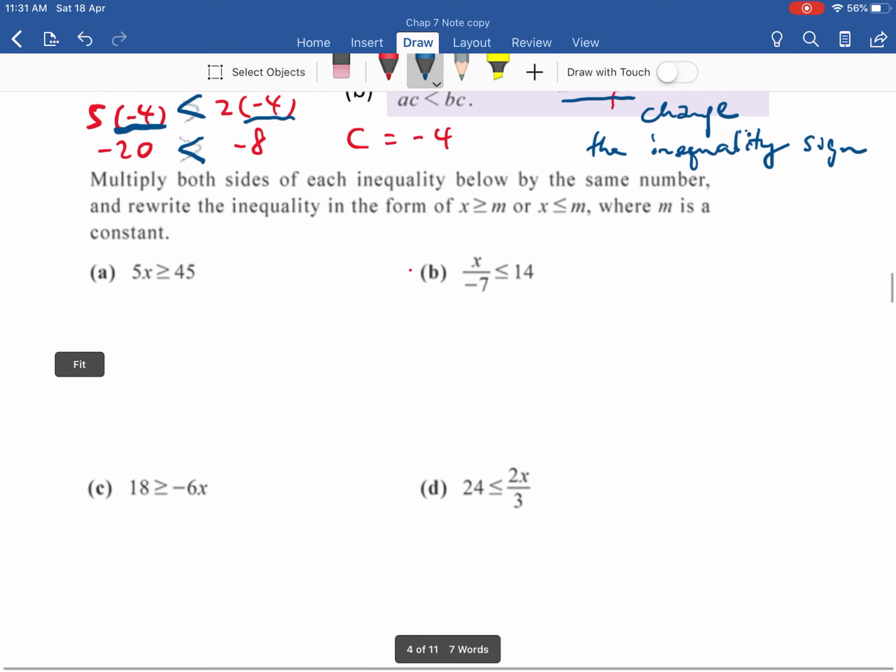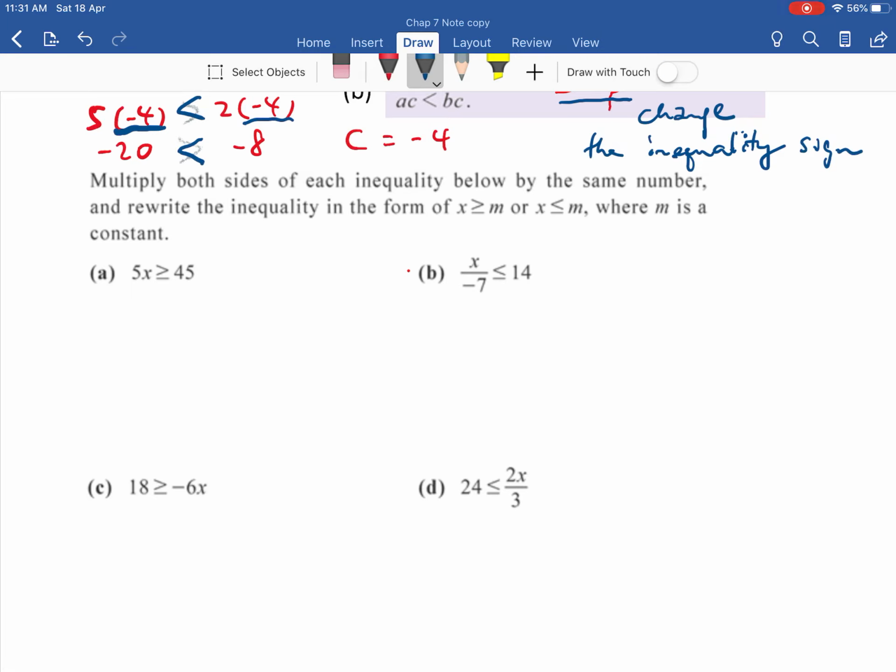Okay, we look at a few examples. Here, we are going to divide by 5 on both sides. Then no problem, divide by 5. So x is greater than 9. But here, we are going to multiply by minus 7 on both sides.